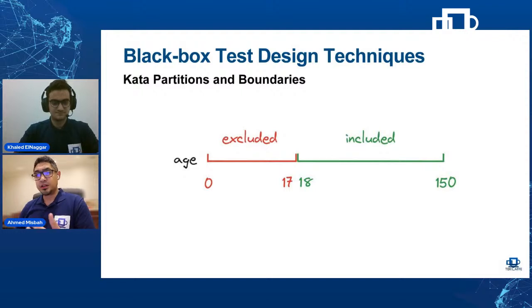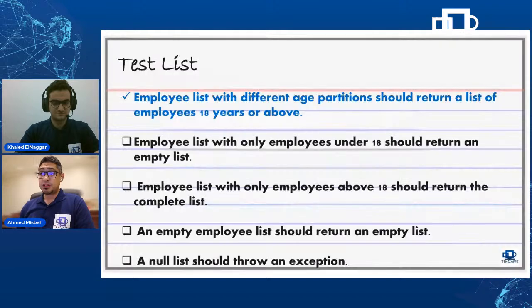Of course, the minimum age and the maximum age is something that the team can discuss all together and with the product owner or with the business people. So based on that, we formulated this test list. And for the sake of this exercise, we're only going to automate this first test.